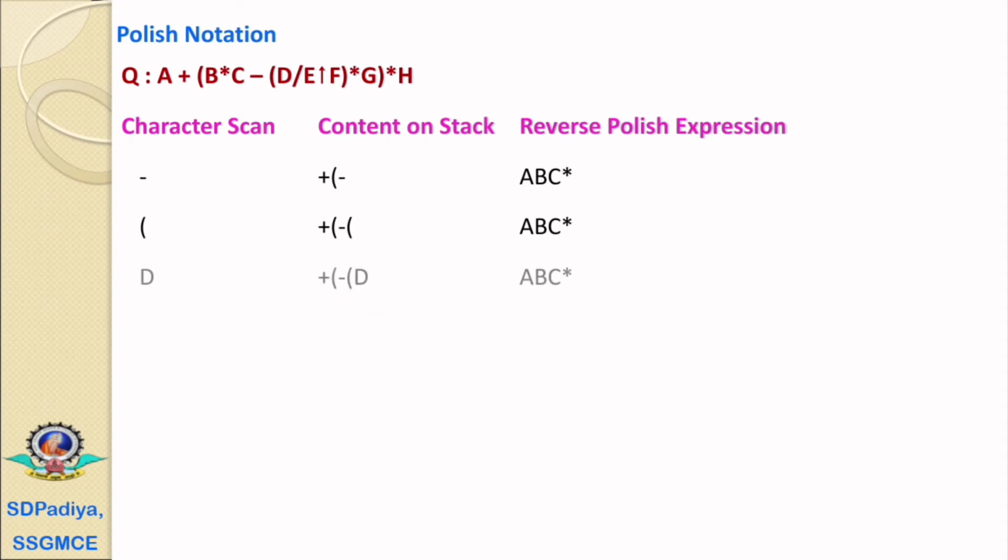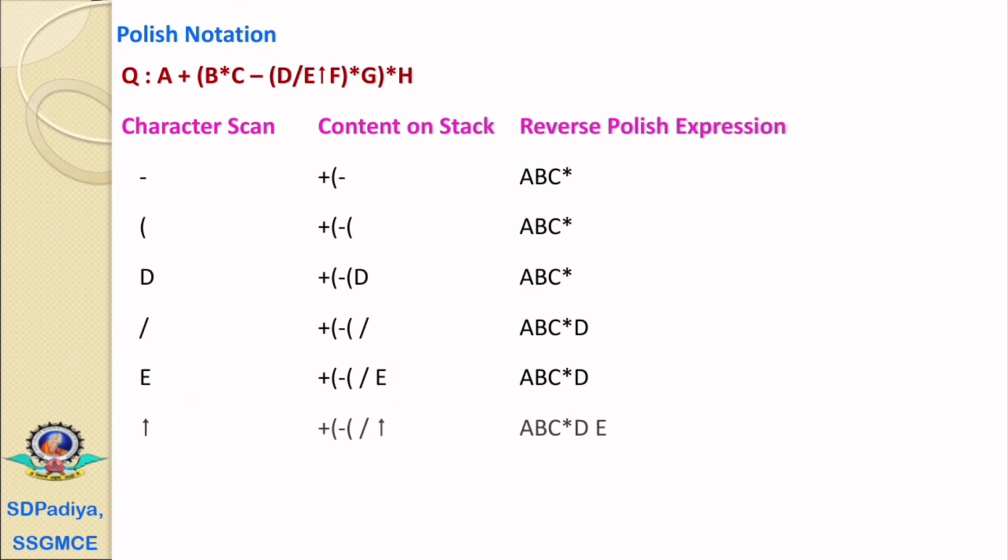The next we have scanned the capital D. It is an operand, that's why we have pushed it on the stack. Next is slash. It is an operator, that's why we first pull the previous scanned operand from the stack to the expression. Next is capital E, an operand, that's why push it on the stack.